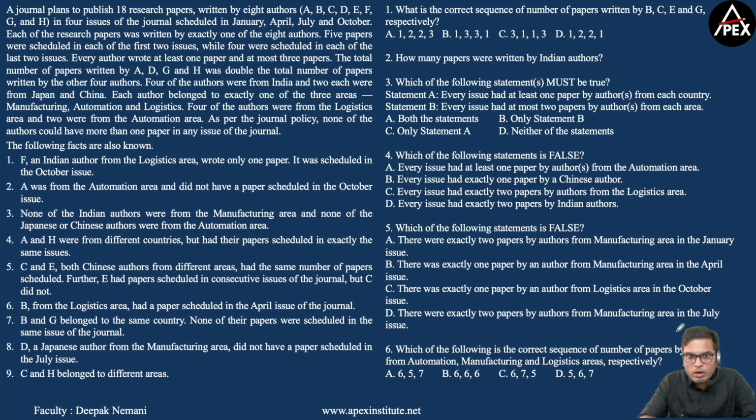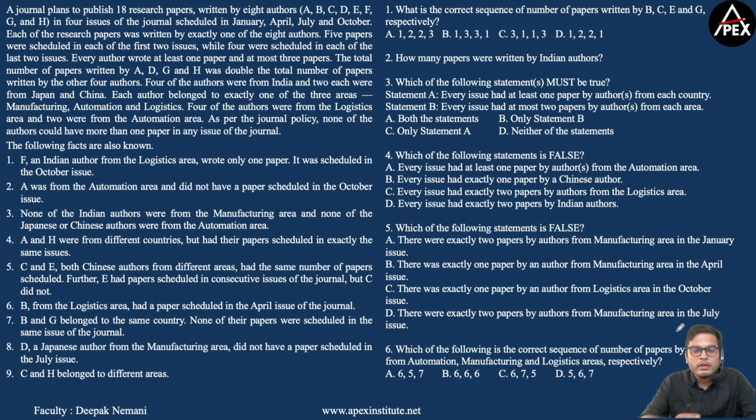Now as per the journal policy, none of the authors could have more than 1 paper in any issue of the journal. For example, you cannot have any of the authors having 2 papers being published in any of these 4 months. For example, if I consider the month of January, you cannot have 2 papers written by the same author being published. Right?